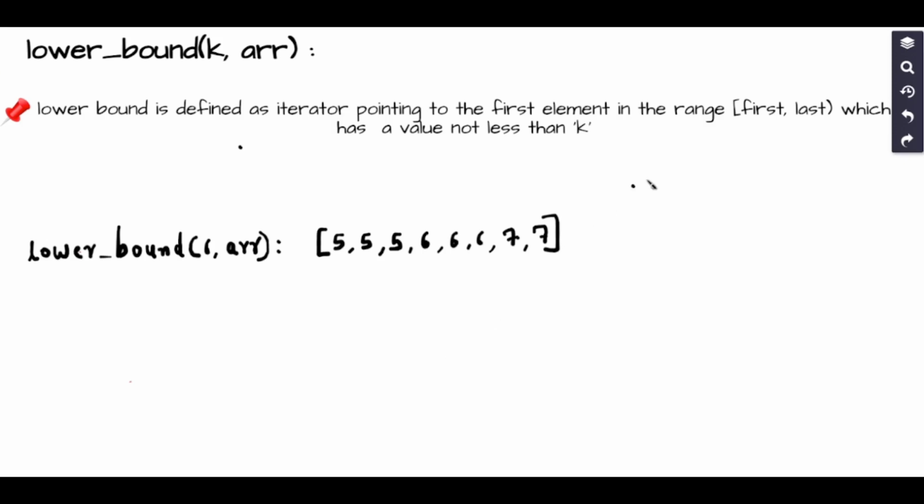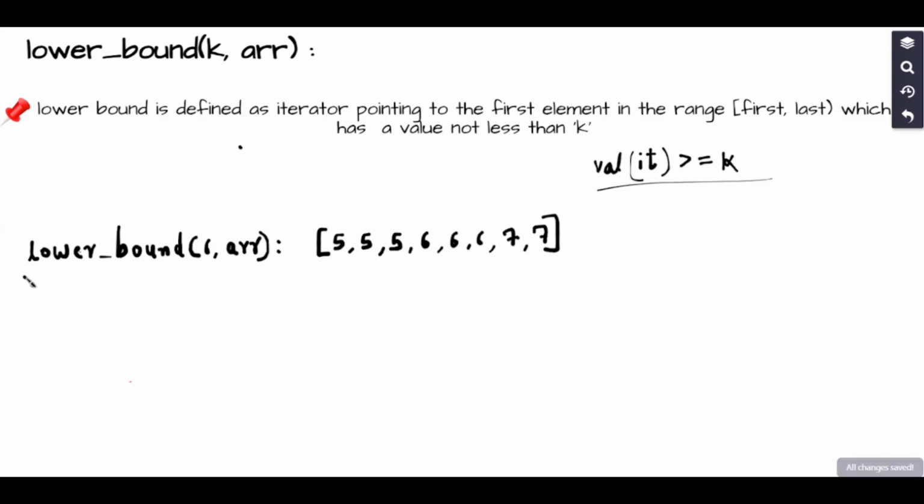That means, let's say the iterator is it, and this iterator must point to a value which is not less than k. So that means it must be either greater than or equal to k. So that's what we want to find.